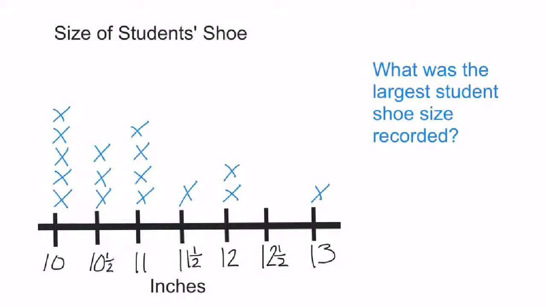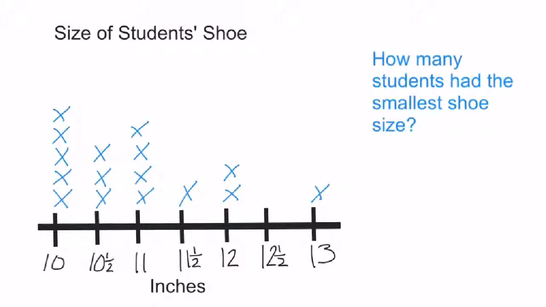So 13 would be my correct answer. 13 inches. Now, if this 13 weren't here, then we would go to 12 and a half, where there's no data, and then we would go to 12. So when we see largest student shoe size, that information is at the bottom. So that's where we're going to find our information, and then looking at the data at the top.